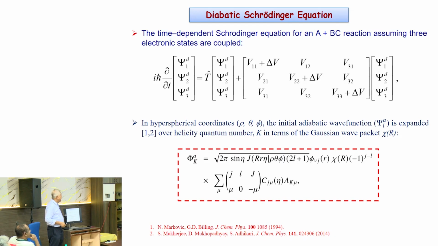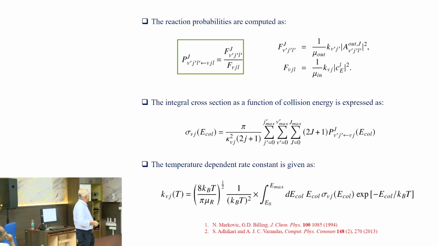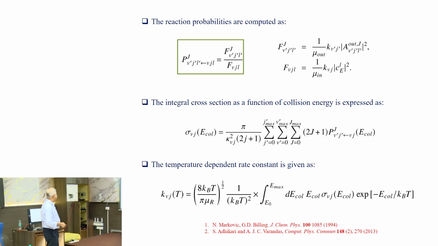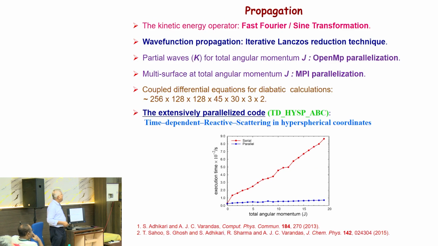They are very complicated functions of the helicity and partial wave quantum numbers. For details, you can find the probability for the outgoing and incoming wave packet, and then you can calculate the reaction cross section and the rate constant. All the details are there, and we have our own program.